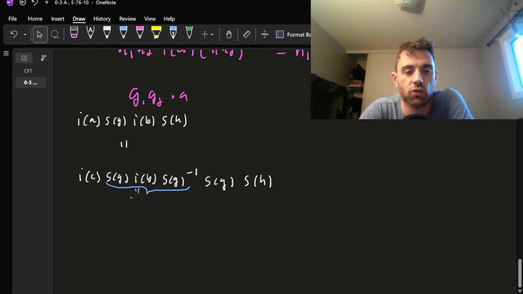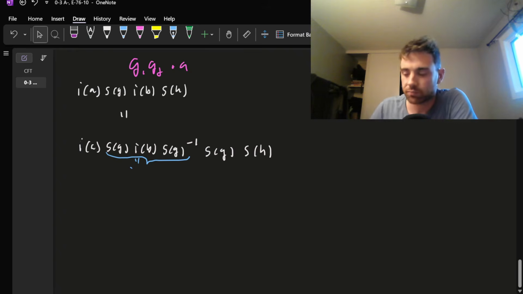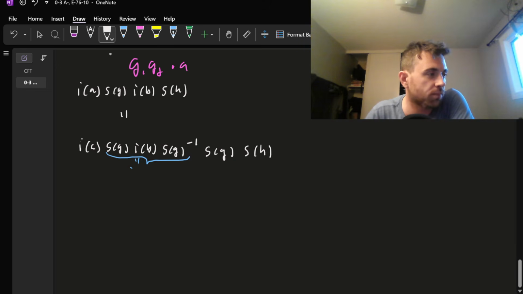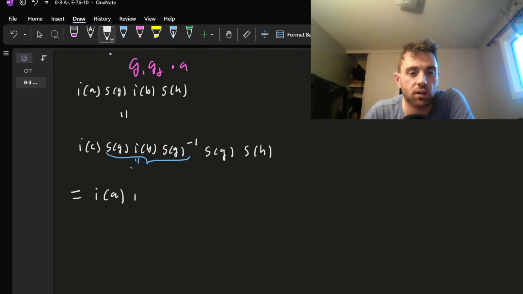And now that we have this well-defined G action, we can write this in a bit more compact notation. This is going to be i(a) times i of g dot b for our action.